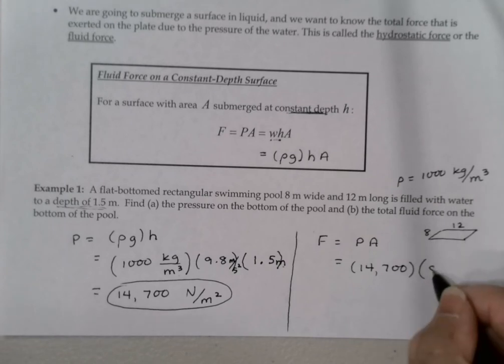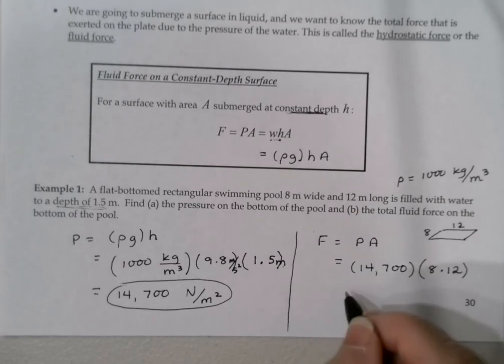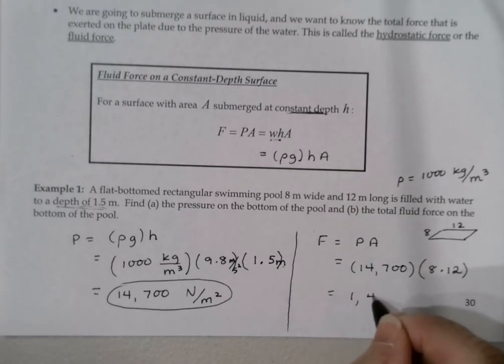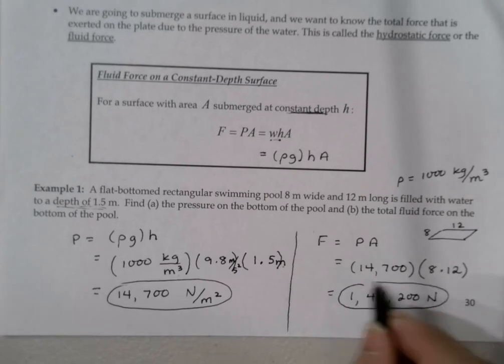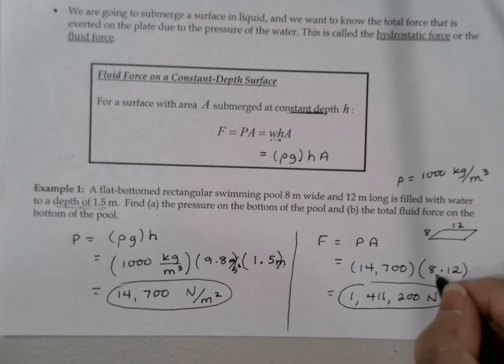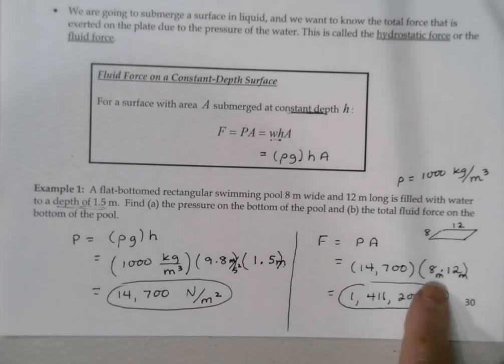So length times width, 8 times 12. And I end up with 1,411,200. And the force would just be in newtons. The square meters here, remember this is meters and that's meters, would cancel out the square meters there.